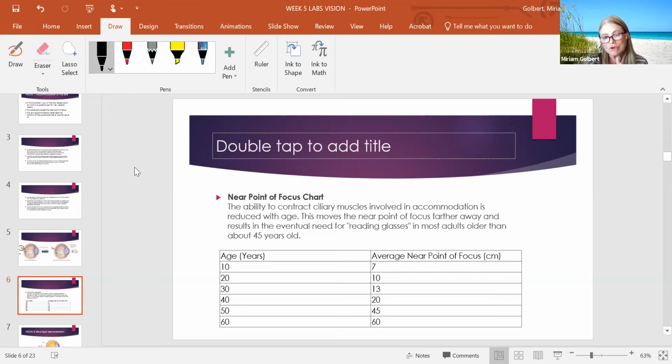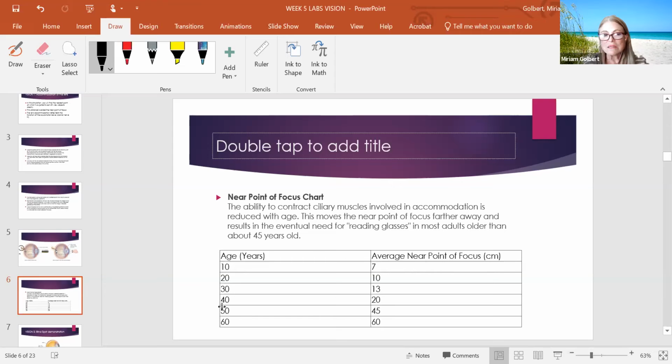So that's about 40 to 45. You can see how the near point of focus starts becoming increased, right? And then it gets to a point that your arms are not that long anymore. And that's when you need to buy reading glasses. And those are the ones that we buy in CVS, anywhere, you know, they're not prescription, they're just readers, they call them.